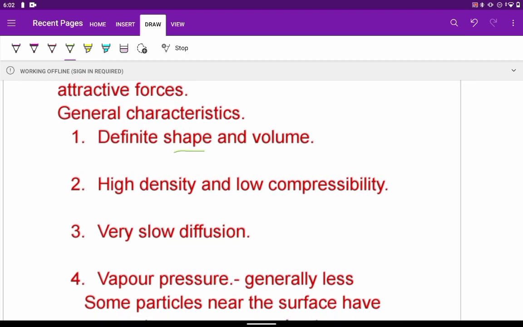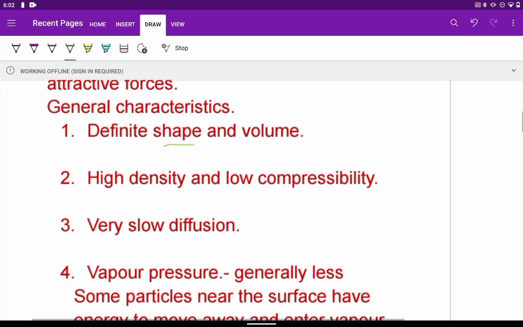So, this definite shape and volume is because of close packing of the molecules. They also exhibit high density and as a result low compressibility. The high density is because of close packing of molecules again. So there is not much free space between the molecules.